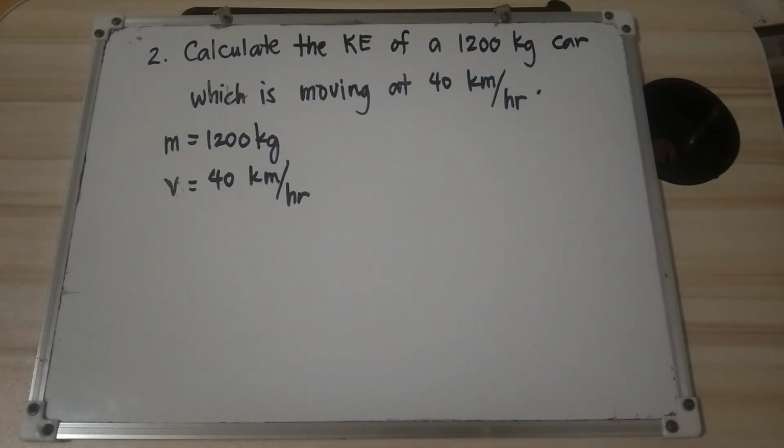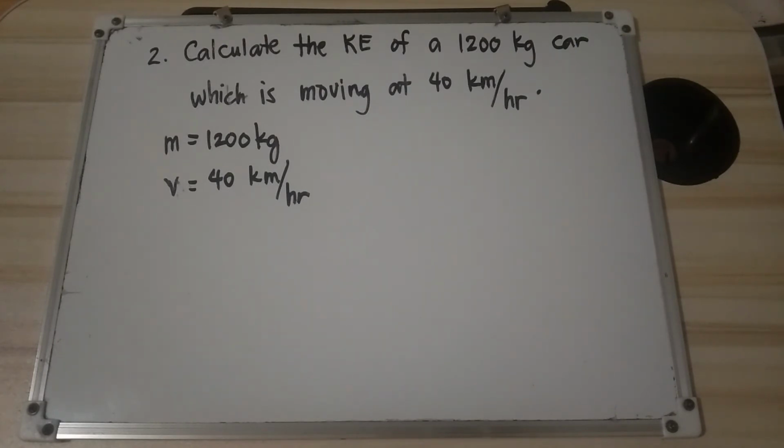So kung itutugma natin yung unit ng mass tsaka velocity ay hindi sila magka-relate, no? Kung in terms of joules ang magiging sagot. So kapag joule kasi, 1 joule is equal to 1 kilogram meter squared per second squared.